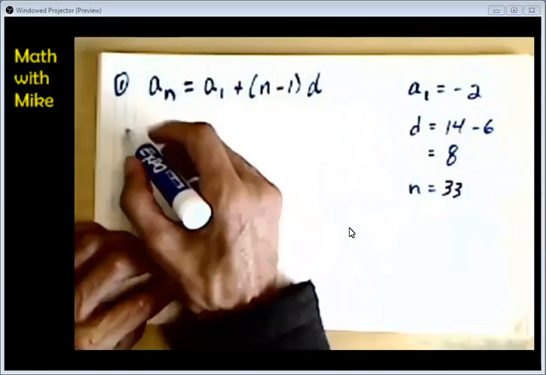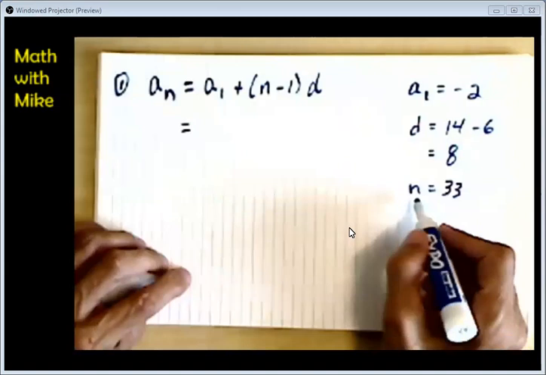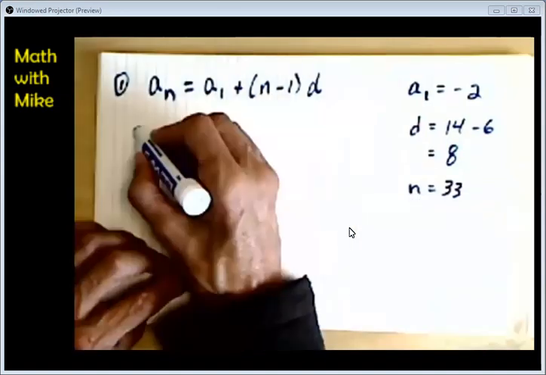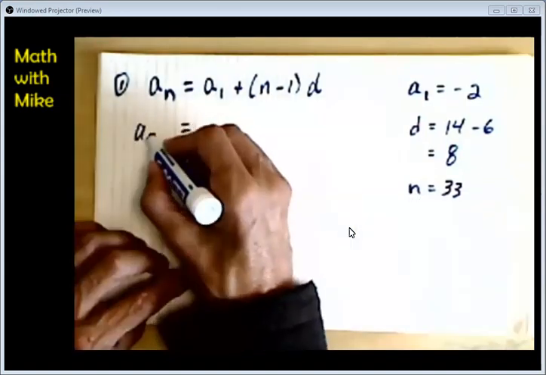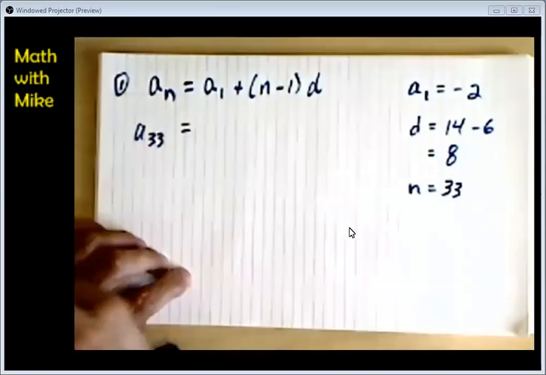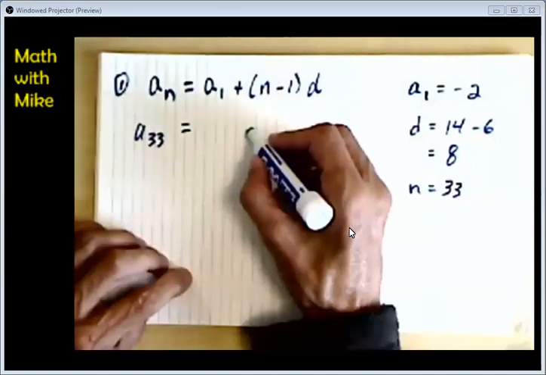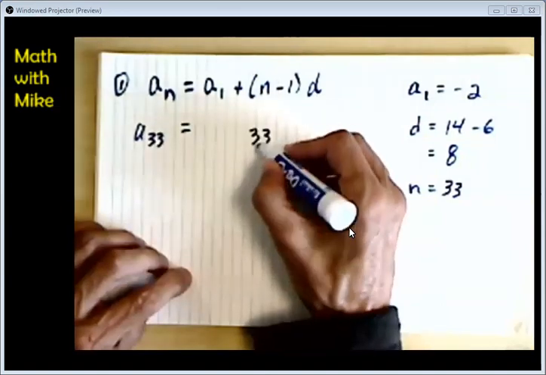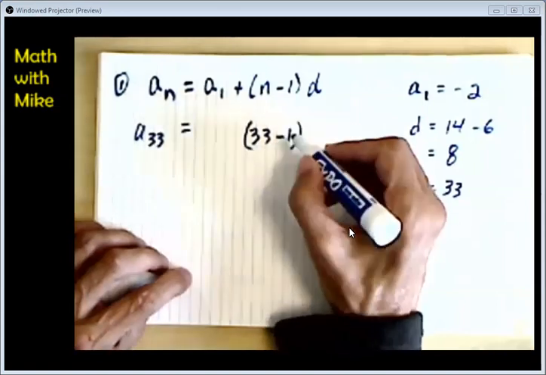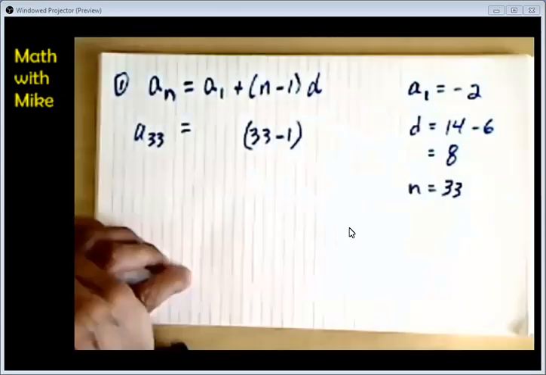So in place of N, we'll put 33 wherever we see it. So that's A33 there. N will be 33 down there. And it'll be minus 1 inside a set of brackets like that.